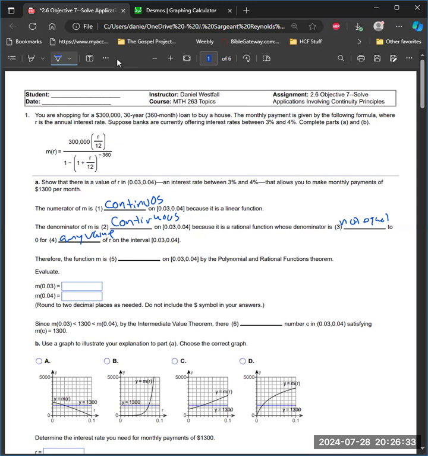Therefore, the function M is continuous on the interval of 3% to 4% by the polynomial and rational functions theorem.